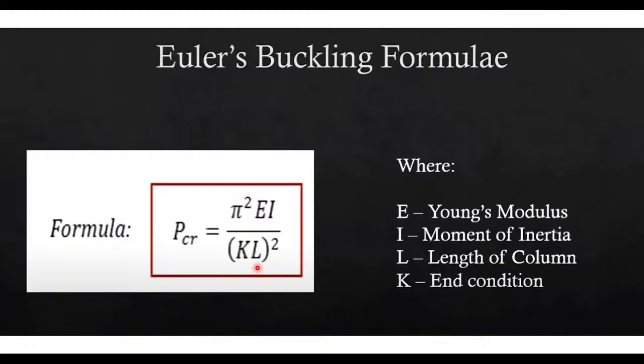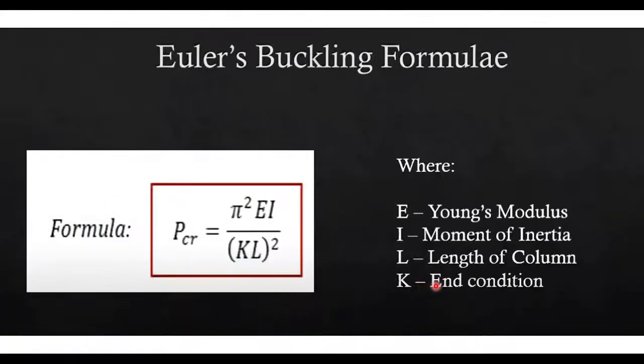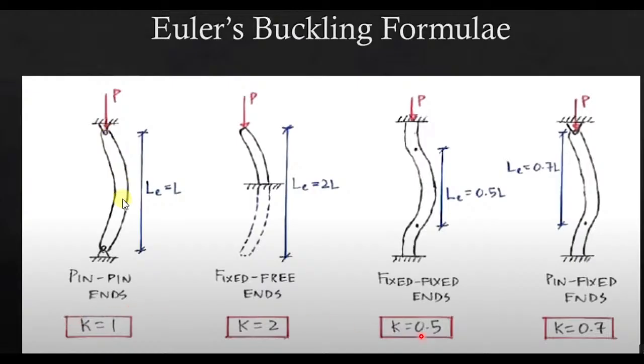If you see these constants, these are the values we consider with respect to different boundary conditions. Let's say if you have pin-to-pin conditions, we consider K equal to 1. Now here one end is fixed and the other end is free.